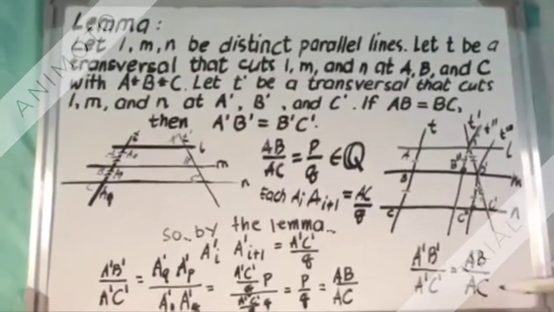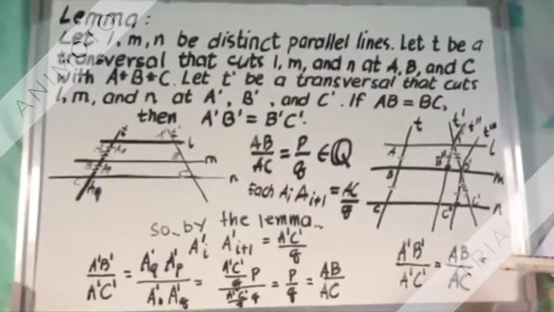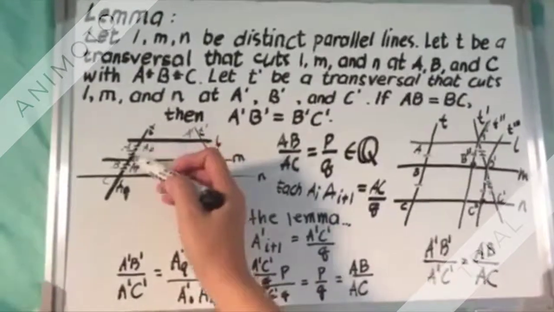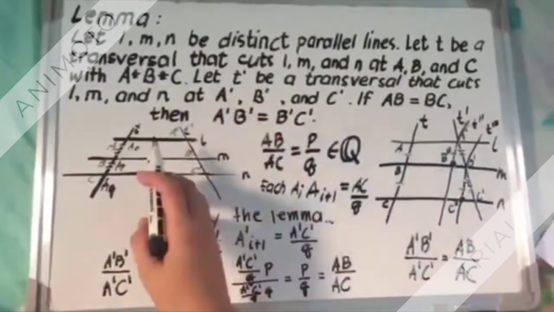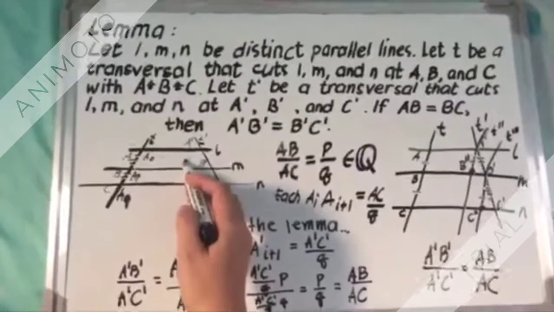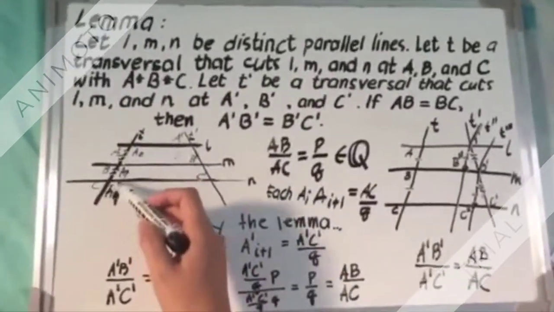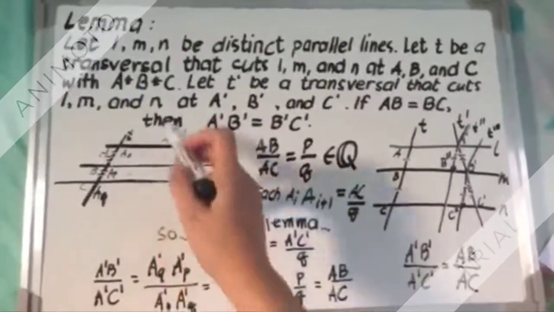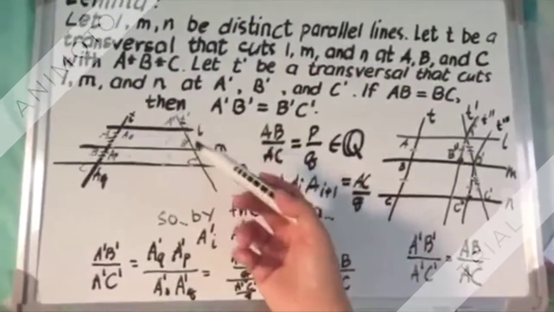This is what we call a parallel projection, because we imagine projecting this line segment AB in the direction of line L, and another line segment BC in the direction of line L, until their shadows fall on transversal T prime.